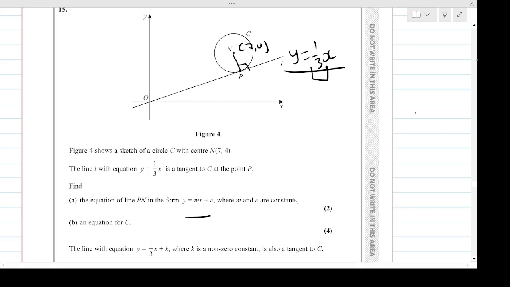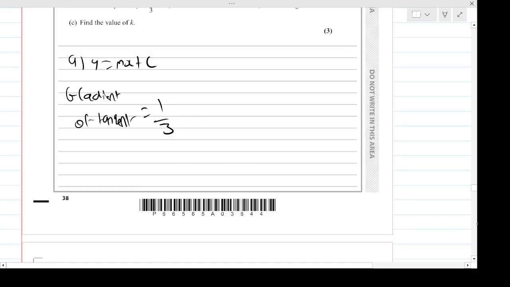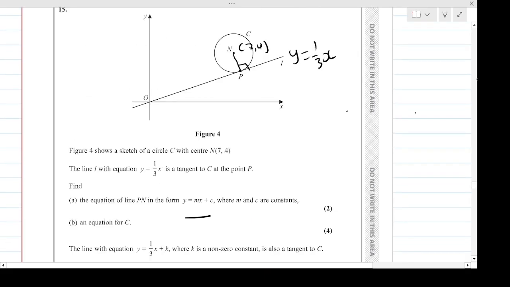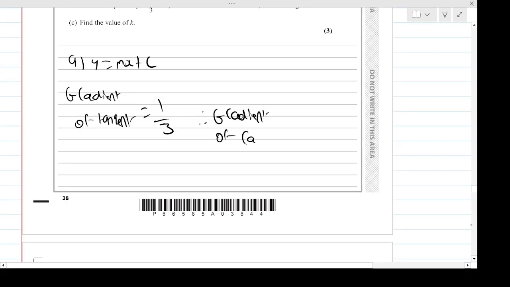Which means the gradient of the radius is perpendicular, so the gradient of the radius is going to be minus 3, as it's perpendicular. So then we can start to fill in my equation of the line.